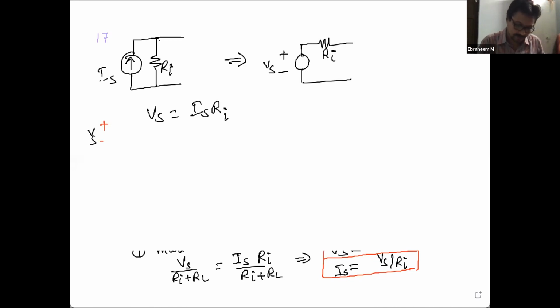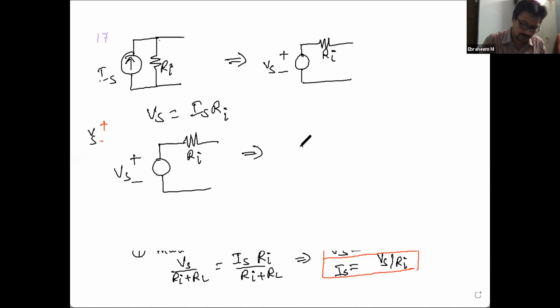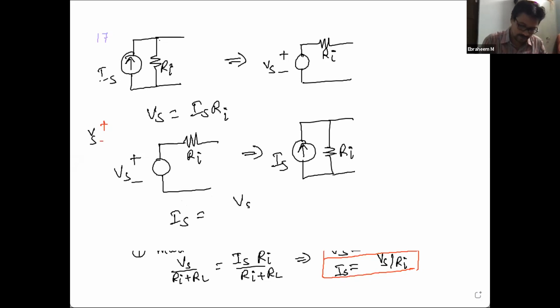Otherwise, if you want to convert a voltage source with Ri as internal resistance into a current source Is with internal resistance Ri, then this Is must be equal to Vs by Ri.